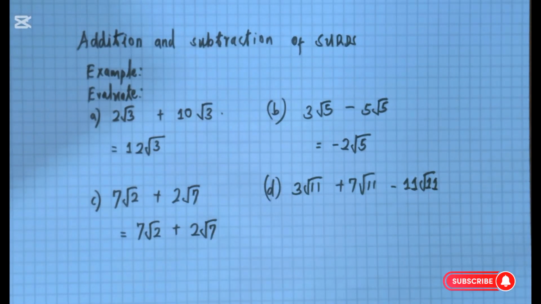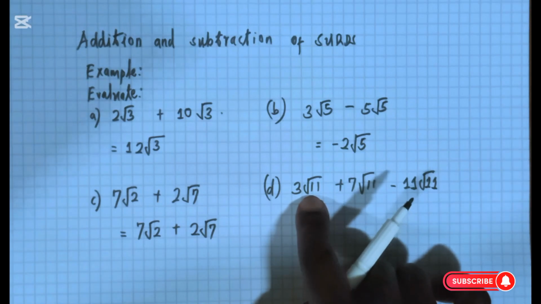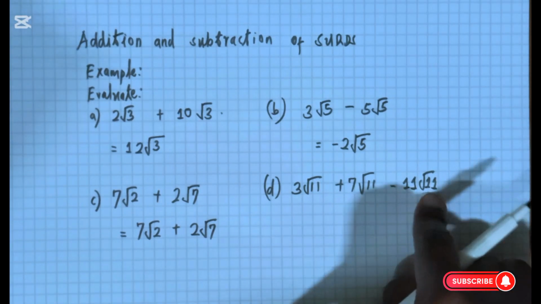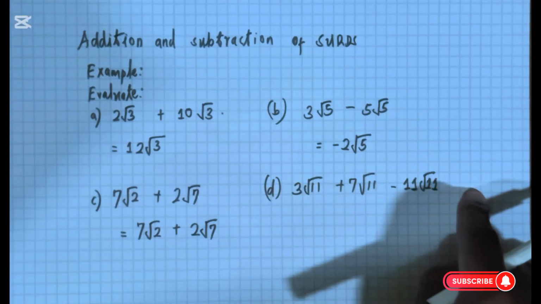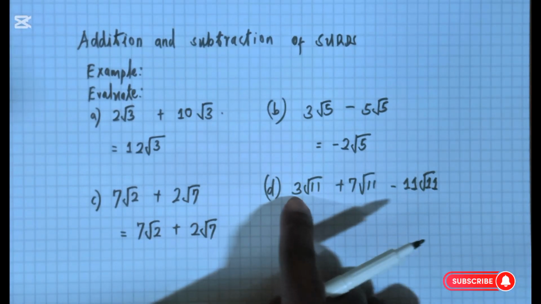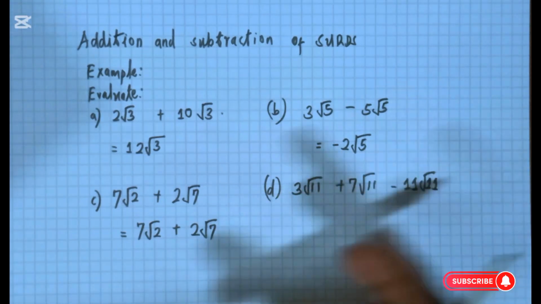So first of all, you want to check on the numbers under the root sign to check whether they are alike or unlike. All right, so we have root 11 here, we have root 11 here, we have root 11. So basically, all these terms are actually like surds. All right, so we're going to focus on adding and subtracting the numbers outside the root sign.